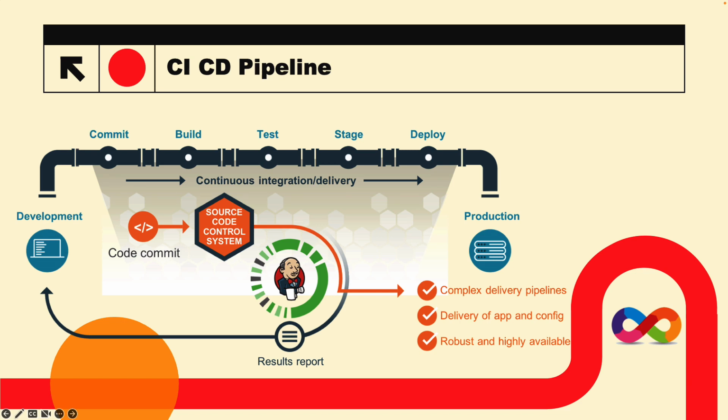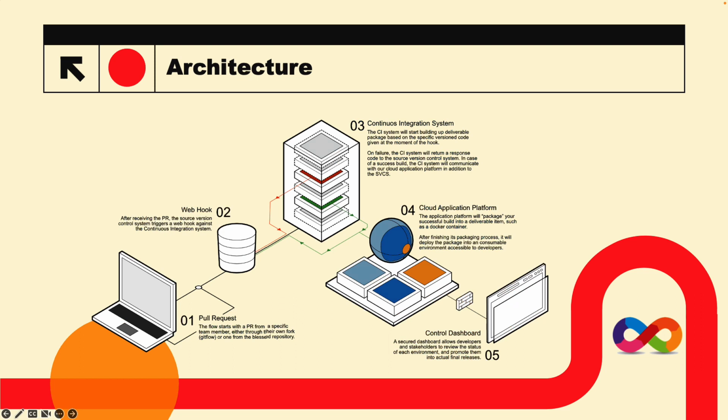Now, after the code is committed to the main branch or merged to the main branch, the automation can start by building, testing, and deploying to the staging, even to the production. Here is another angle from the architecture perspective. Usually you start with a pull request, you do the changes, and then you push these changes to a centralized repository.